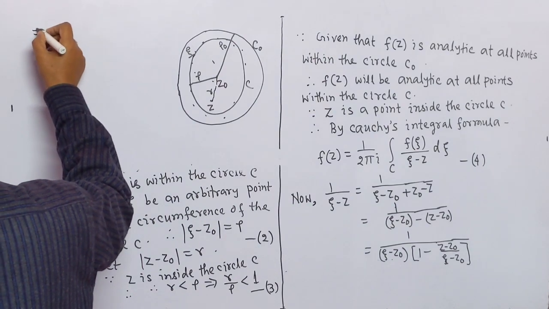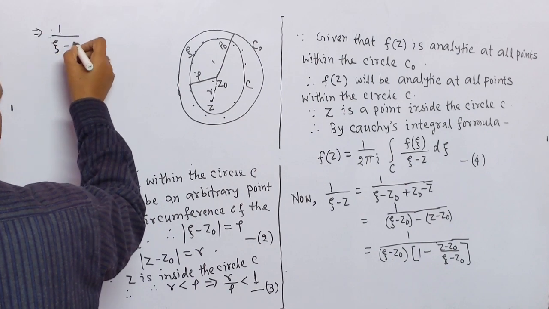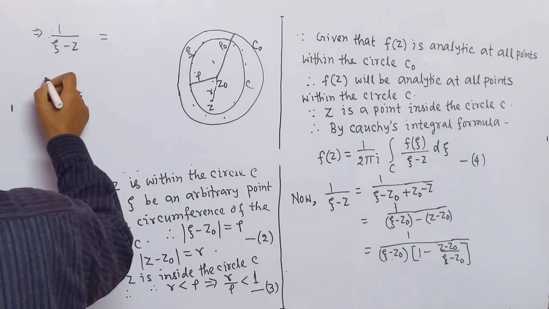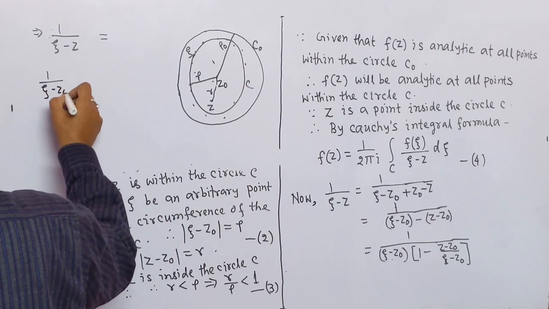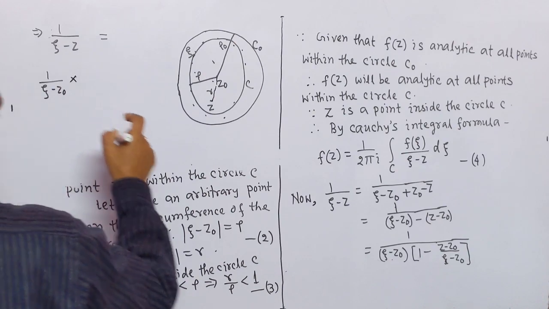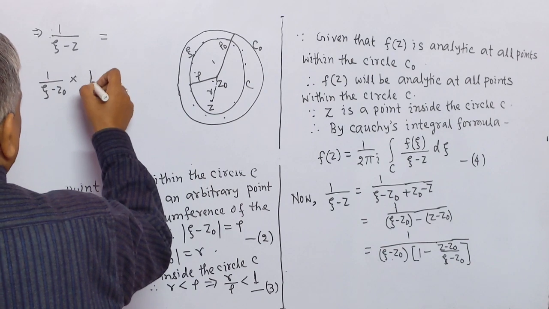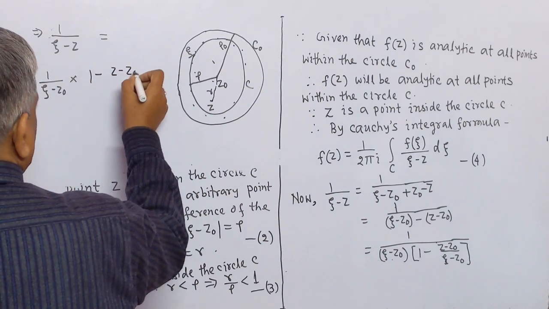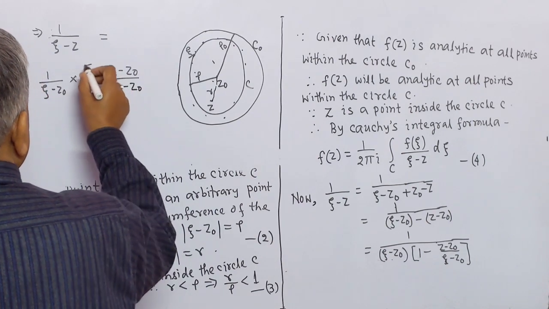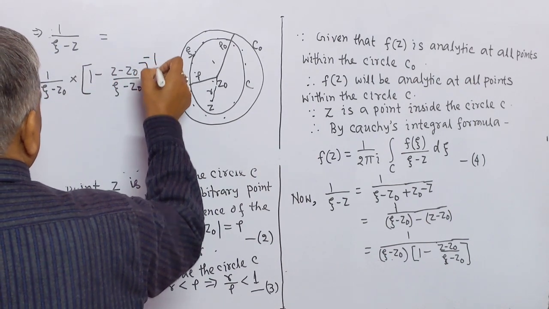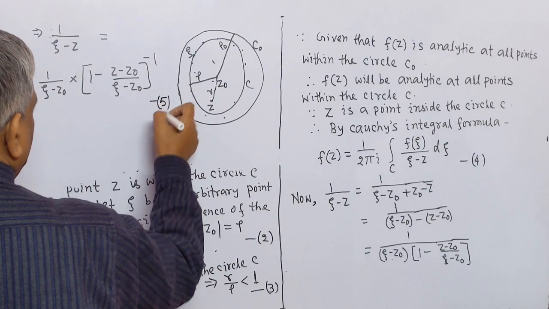This implies that 1 by xi minus z equal to 1 by xi minus z naught multiplied by 1 minus z minus z naught by xi minus z naught, to the power minus 1. Let this be number 5.